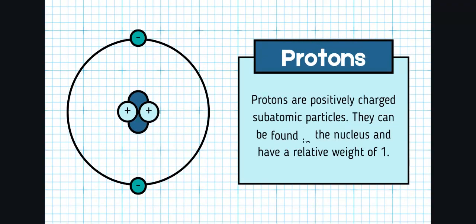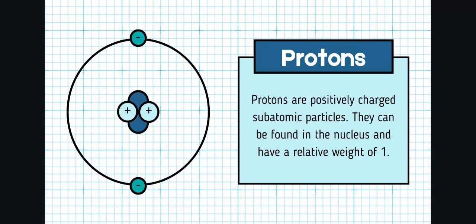Protons are not only positively charged, however, they can be found in the nucleus and also have a relative weight of 1. Now, relative weight just means that the exact weight is not given. Weight versus relative weight is another topic. However, all you need to know for now is that weight means the exact mass is given.